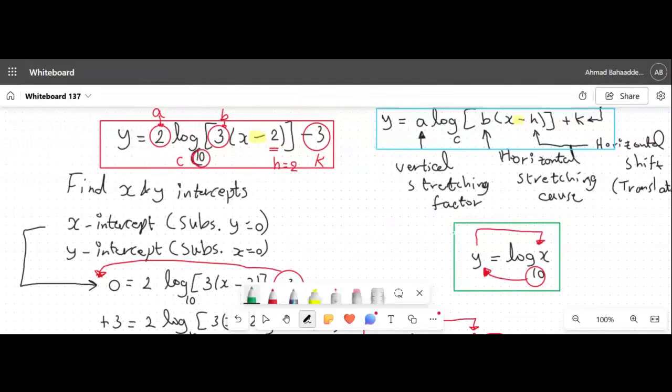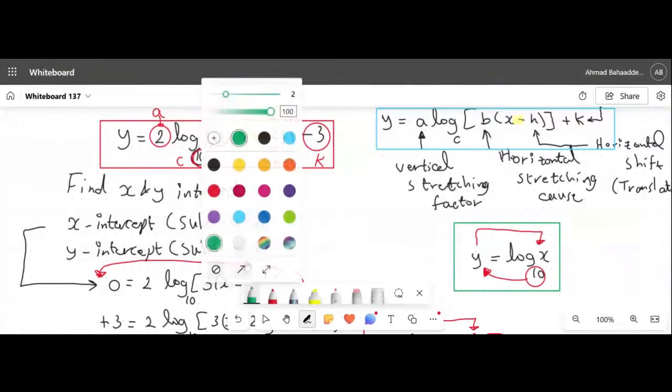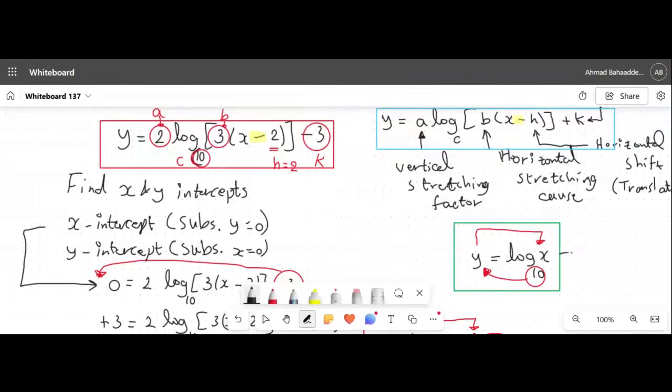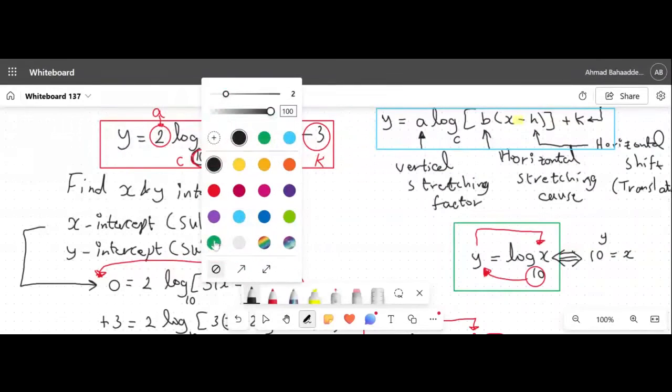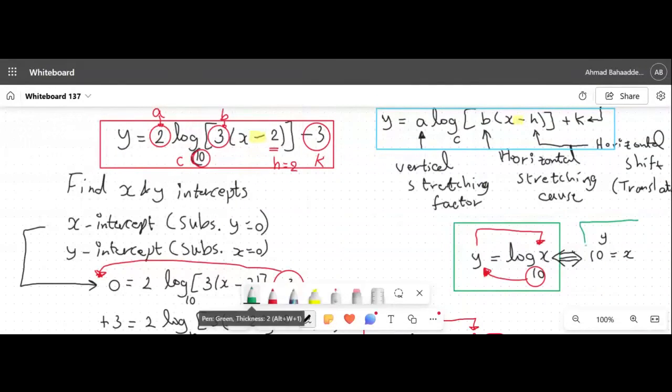For any normal situation, if I have y equals log of x for the base 10, and we want to change that to the exponential form, this is going to be equivalent to 10 to the power of y equals x. That's the exponential form of the logarithmic function.